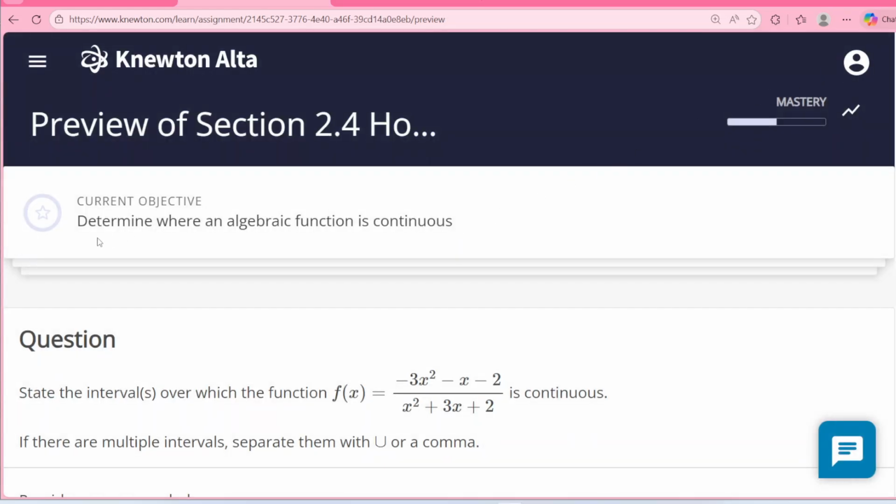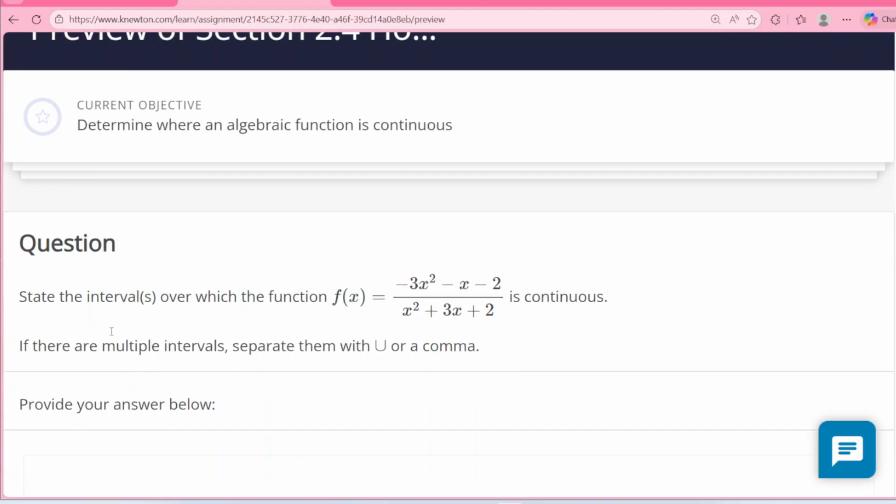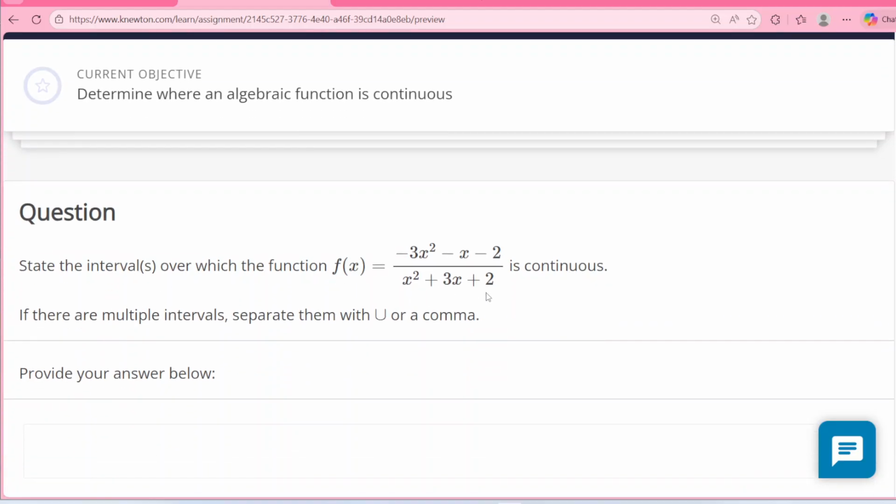All right, so we're asked to determine where an algebraic function is continuous. So remember that graph from earlier in the video where they asked us to state what interval or intervals over which a function was continuous. So you just have to eliminate any points where there are discontinuities.